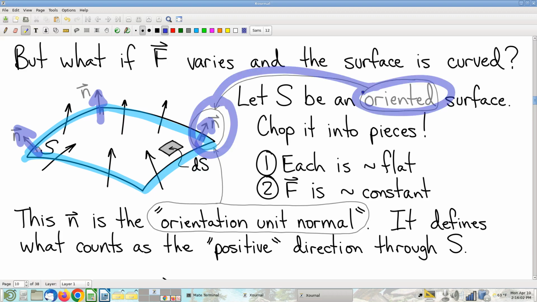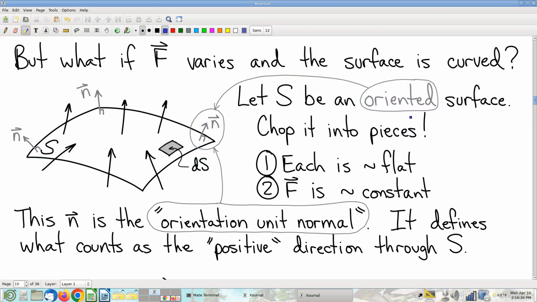And that attached notion of which is the positive direction through the surface is what we call an orientation. So when we're talking about computing flux through a surface, it's not good enough to just have a surface. We need an oriented surface. Is that cool? Everybody happy with that? All right.